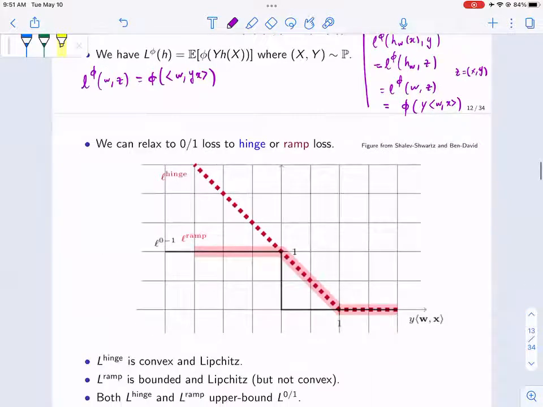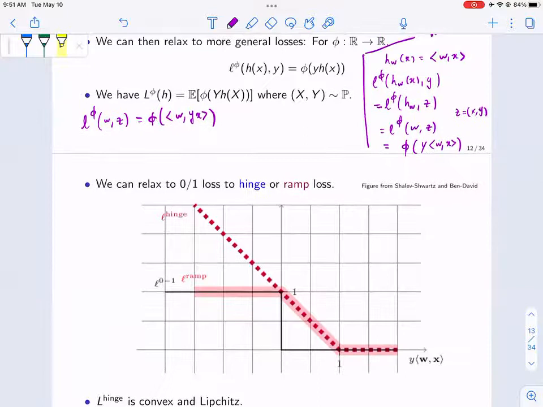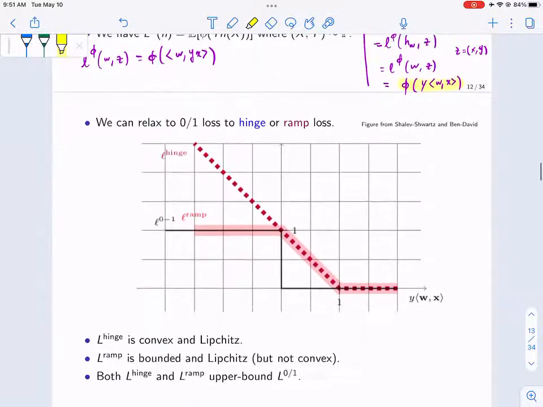Okay, so you can see here I'm looking at this form, for example, where phi is applied to y times w x. The 0-1 loss is the one which is 0 on the positive part and then 1 on the negative part.